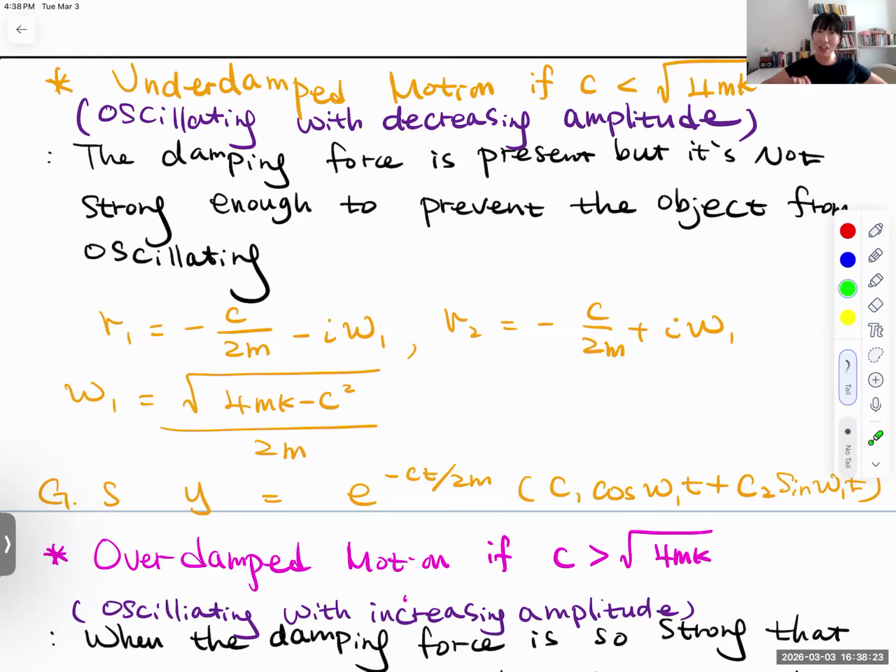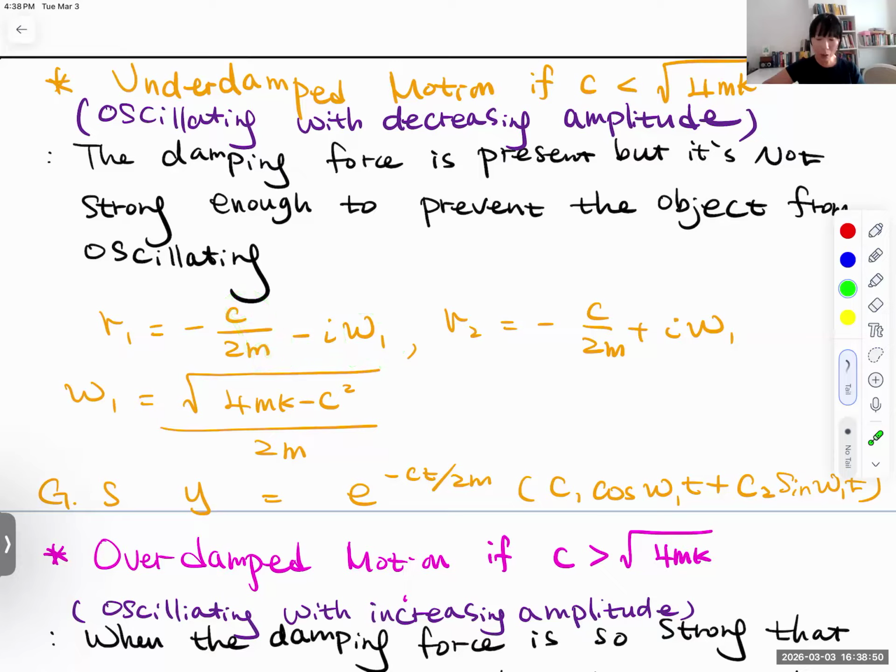Then in that case, underdamped, right? We have two roots, so there will be negative c over 2m minus i omega sub 1, and the other one is positive. Then how do you find omega sub 1? Because c, m are coefficients from the equation, right?